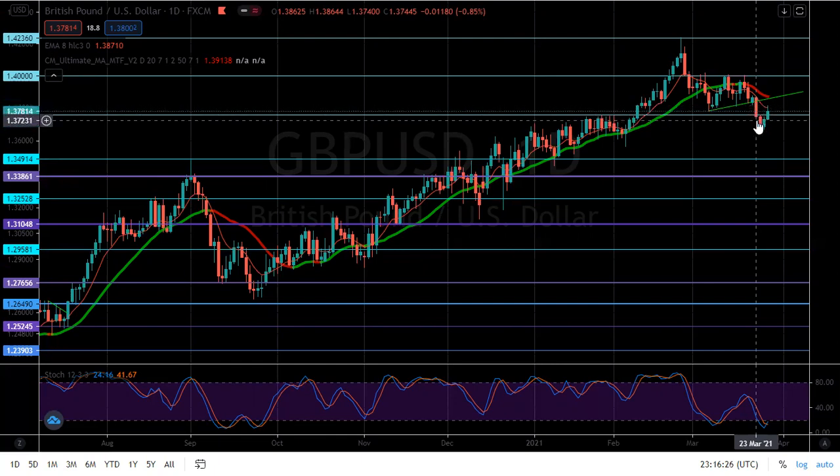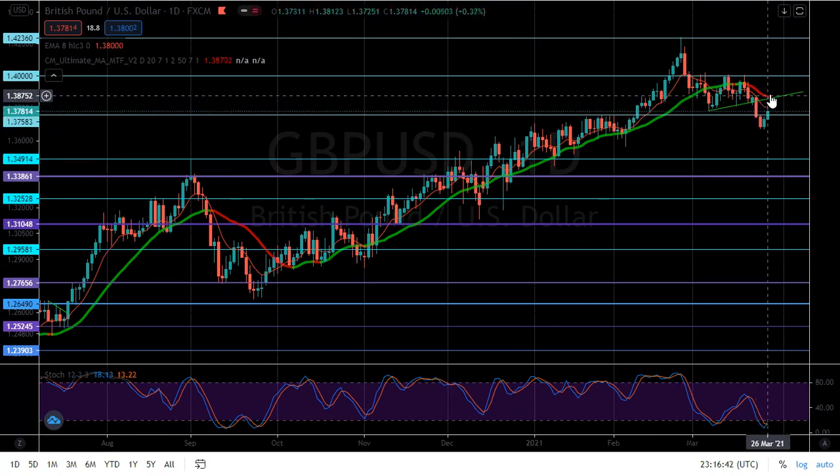That's our second bearish candle just before this retracement. If we have a break and close above that price, then I'll be looking for bullish opportunities to go up to retest the 1.40 handle.